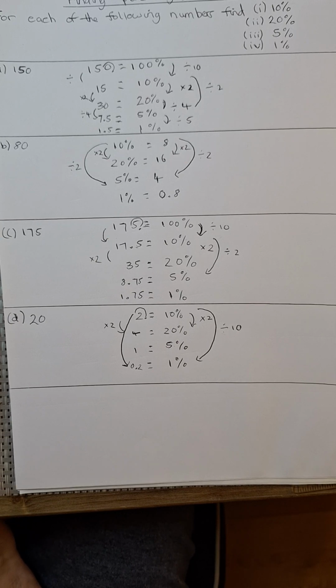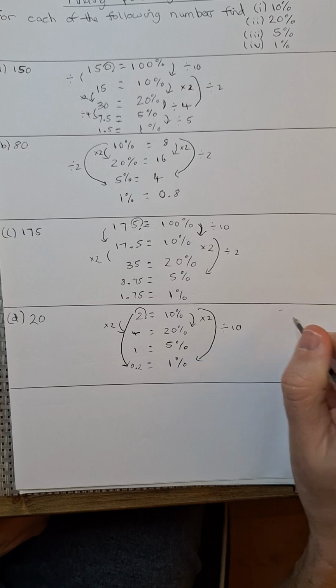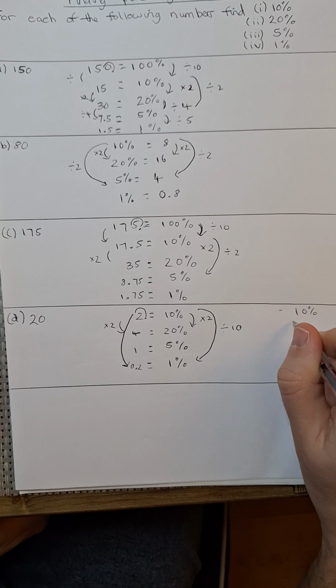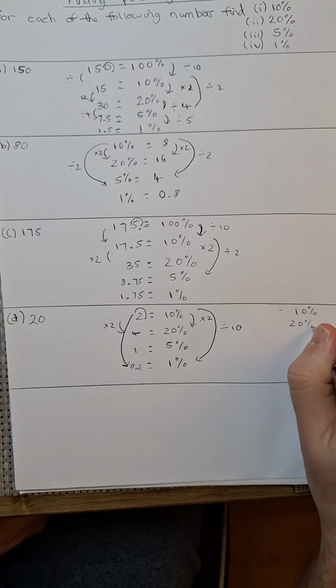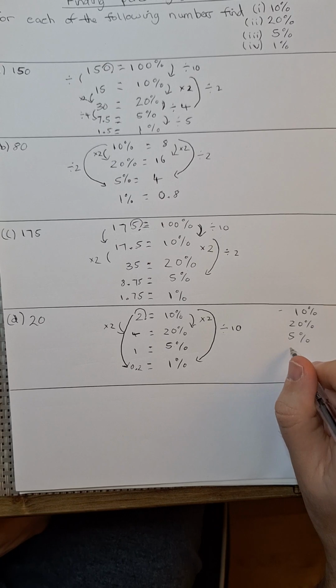Okay, hope that helps. Now, if for example we wanted to find 36%, we'd simply do 10% add 20% add 5% add 1%.